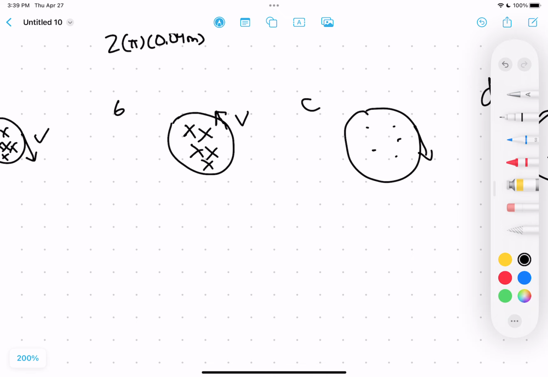The idea is that to maintain that circular motion, remember like in Physics 131 where we had centripetal force? So we want a force that's always pointing towards the center of the circle at every single point, right?